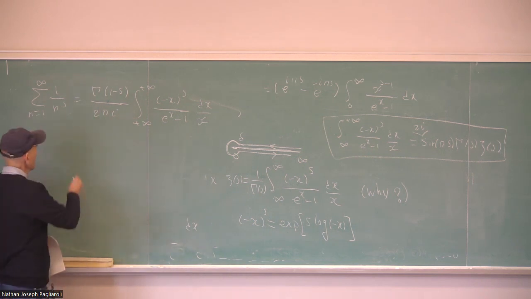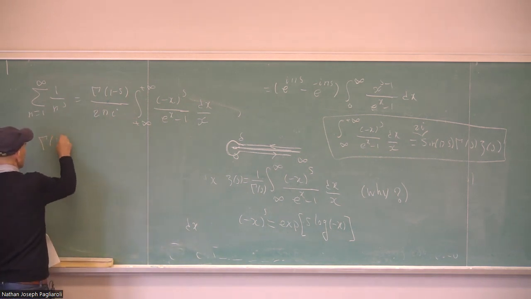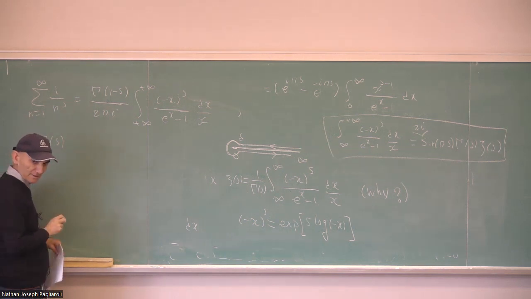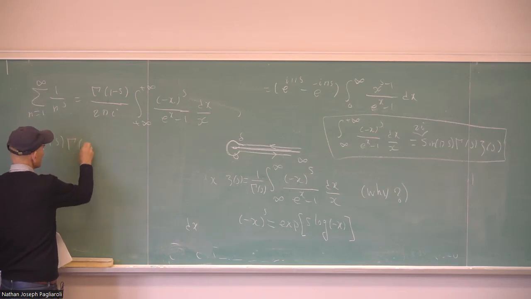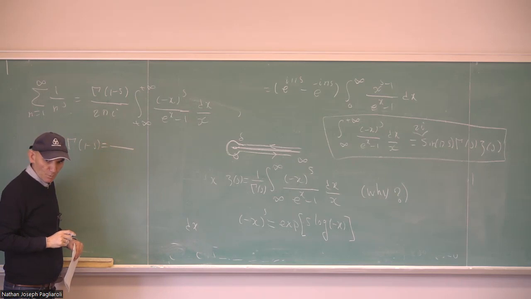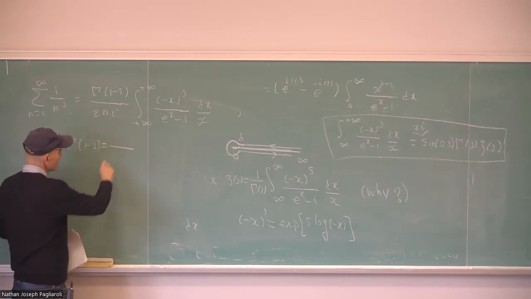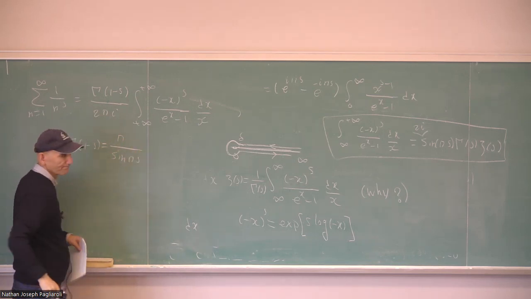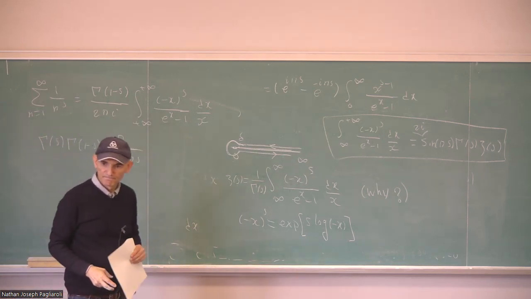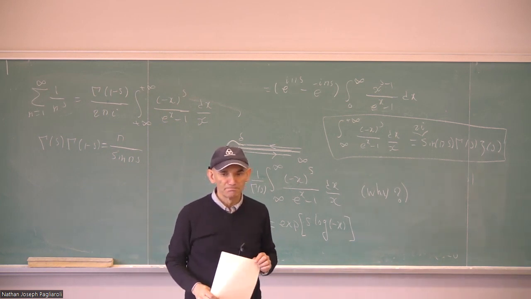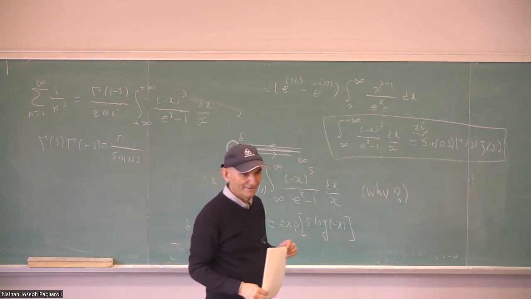Remember, gamma of s times gamma of 1 minus s is equal to what? Pi over sine of pi s, right? So using that, you get this. It's pi, yeah.